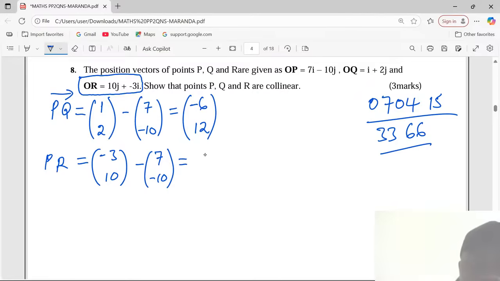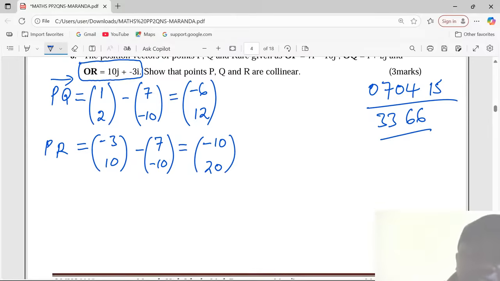So I'm having −10, and on the other side, I'm having +20. Now we can check. Is PQ having any scalar multiple? When we multiply this by a constant, are we going to get PR? Let's check.